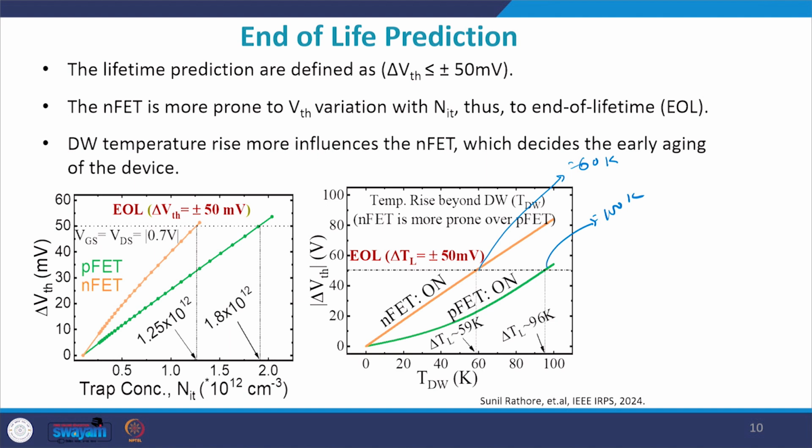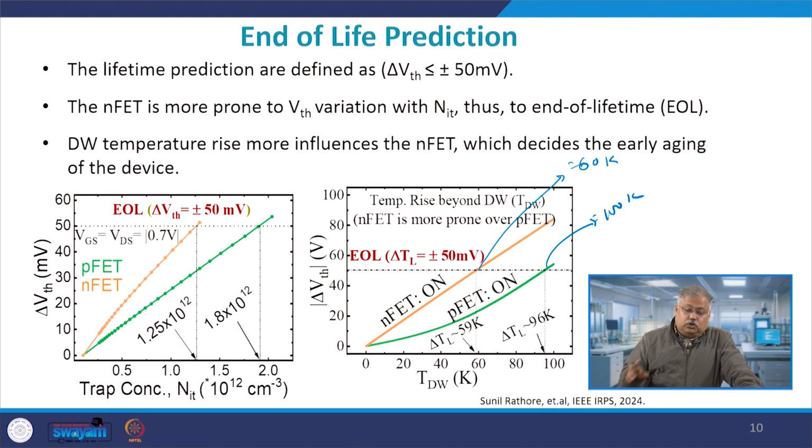If you look at the experimental study, it will be much closer to what we predict in that case. There are two ways of looking at EOL, where we say delta VTH is approximately plus minus 50 millivolt, and EOL, end of lifetime, is also defined by the fact that delta VTH is approximately equal to plus minus 50 millivolt, which means the threshold voltage change is approximately 50 millivolt is what you are expecting.